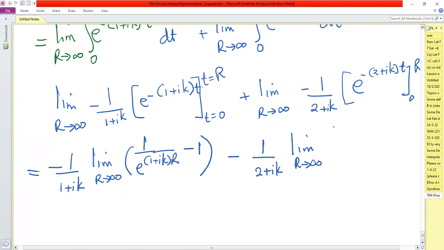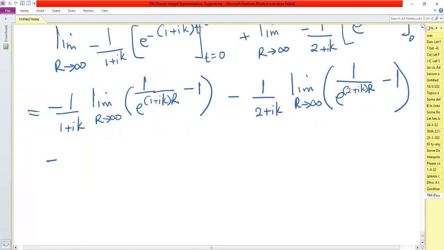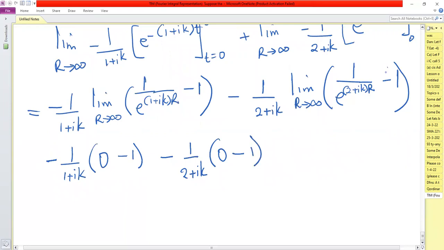Similarly, putting in the upper limit I get 1 over e^((2+ik)r), and putting in the lower limit will also give negative 1. The limit of the exponential quantity is 0, and the limit of a constant is the constant, which is negative 1.